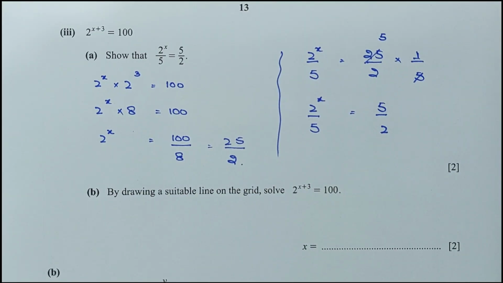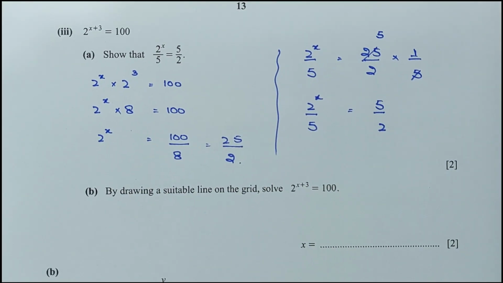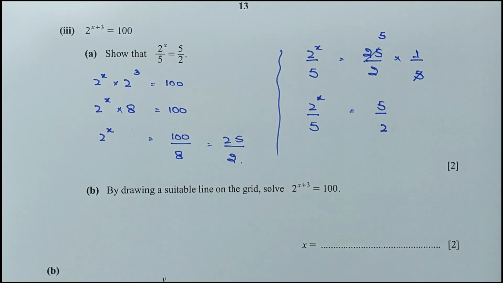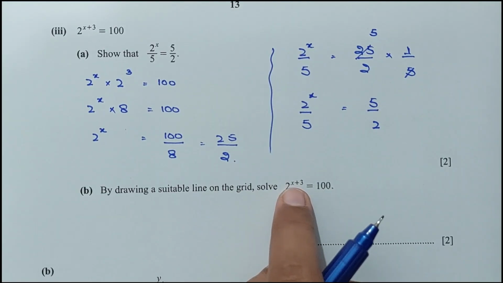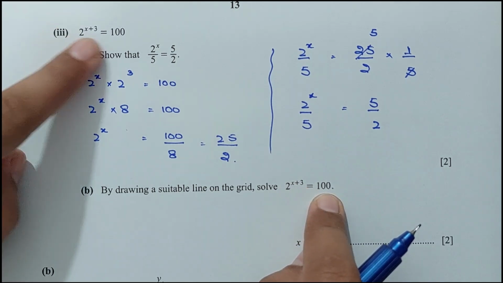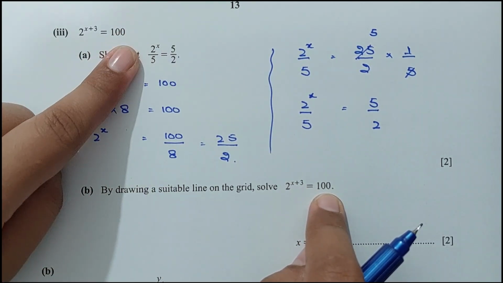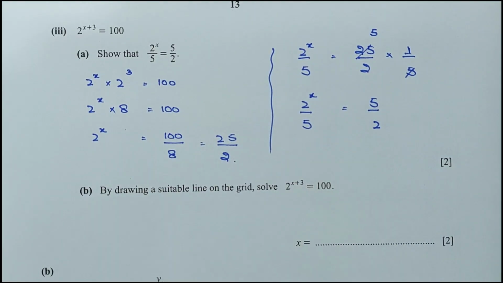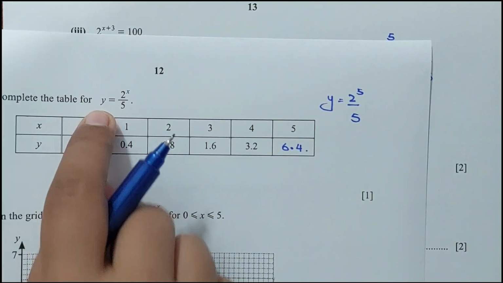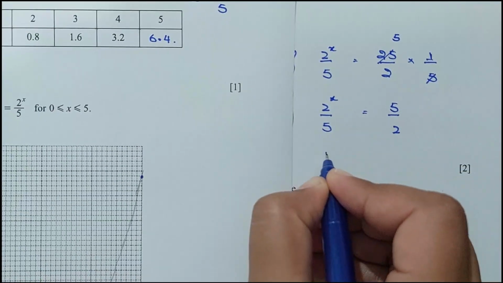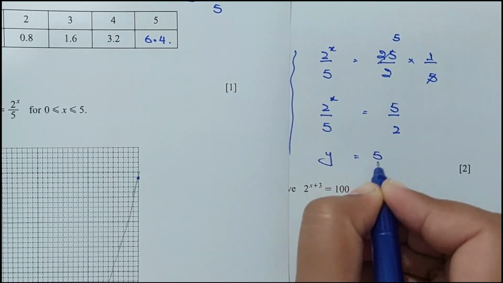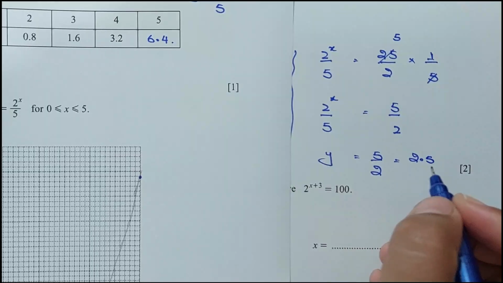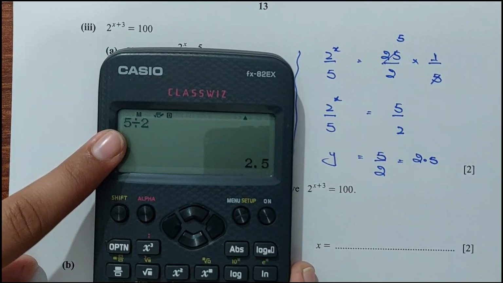Now for part B, by drawing a suitable line on the grid, solve 2 to the power x plus 3 equals 100. We have shown that this is equal to 2 to the power x over 5 equals 5 by 2. So 2 to the power x over 5 is basically y, which means y equals 5 by 2, which is 2.5.